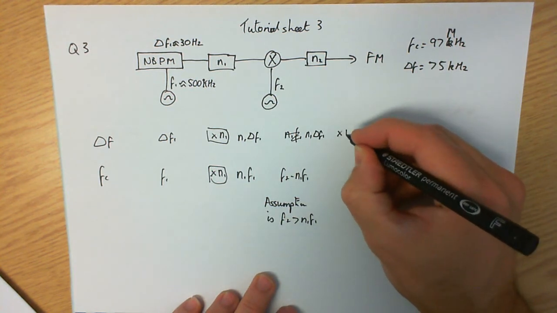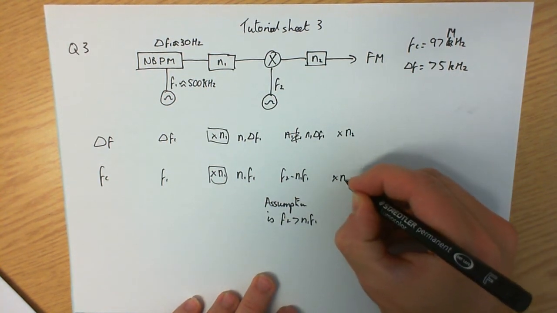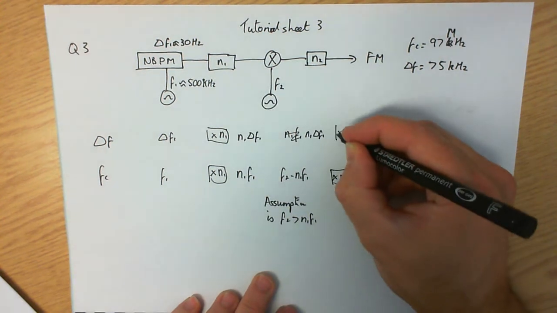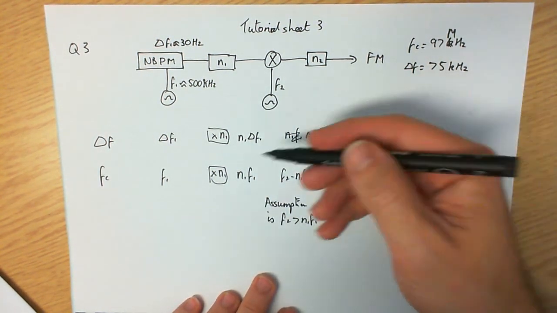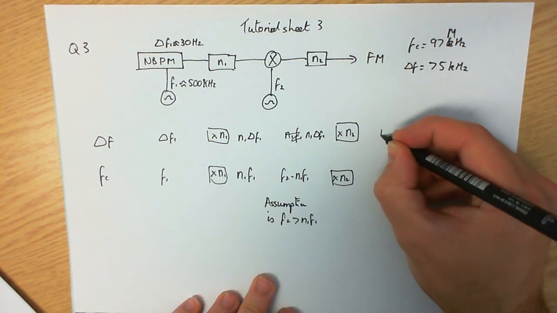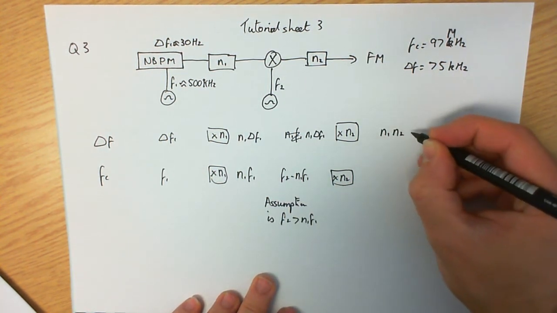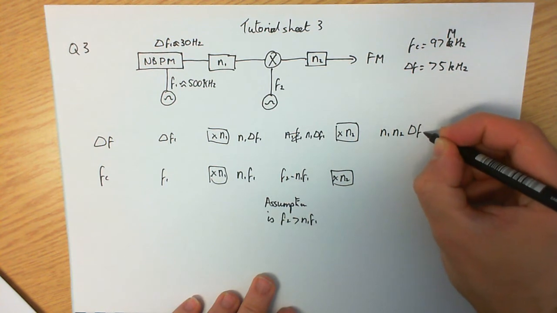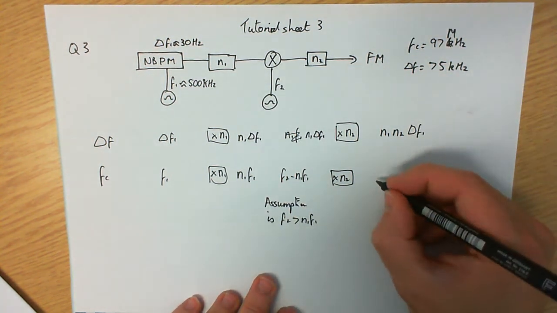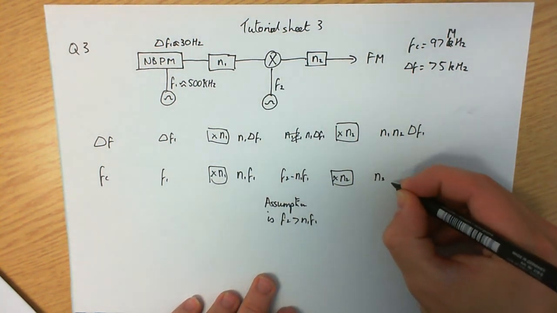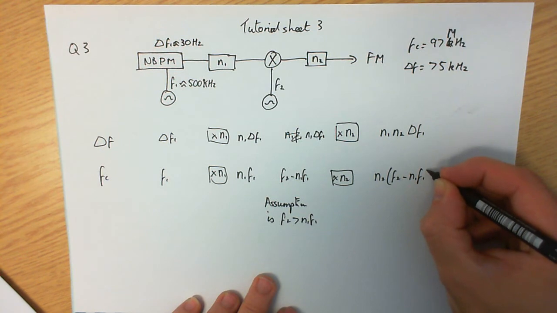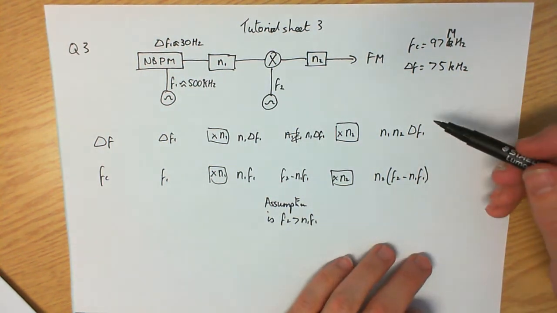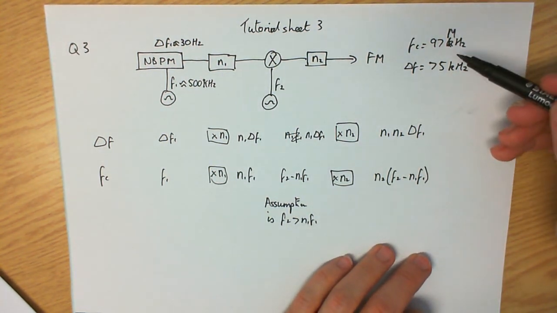And then we go through to another stage of multiplication. Again we multiply by N2 to give us our final frequency deviation, N1 N2 delta F1, and N2 times (F2 minus N1 F1). And we know at this point what the answer should be because we're given that here.